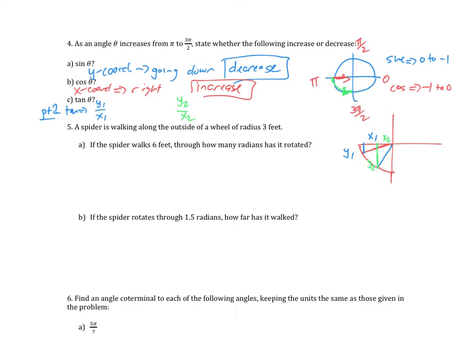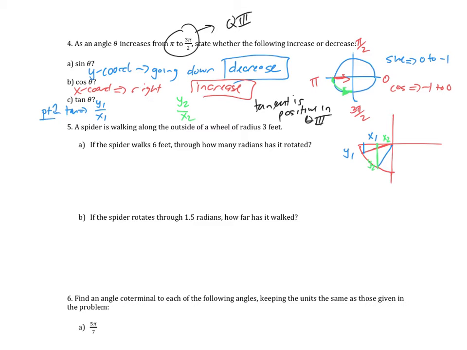Since both the x and y coordinates are negative in this quadrant, I'm just going to look at the absolute values of the x and y's because those negatives will cancel out. I also know I need to add to my analysis that tangent is positive in Q3. That's when the angle goes from pi to 3 pi over 2. So this is Q3, and I don't have to worry about it being positive or negative in terms of the x and y values.